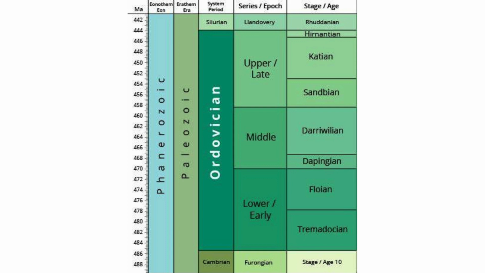The Ordovician period is a geological time period within the Paleozoic era, following the Cambrian period and preceding the Silurian period. It spans from approximately 485.4 million years ago to 443.8 million years ago. The Ordovician period is named after Celtic tribe of Ordovices and is defined by the presence of distinctive fossil assemblages.